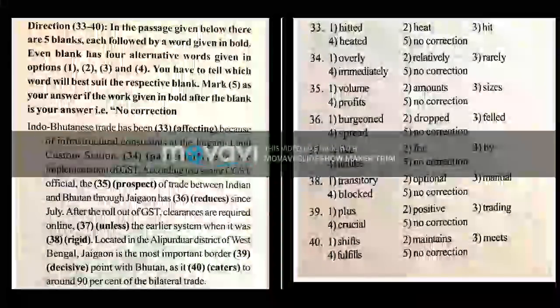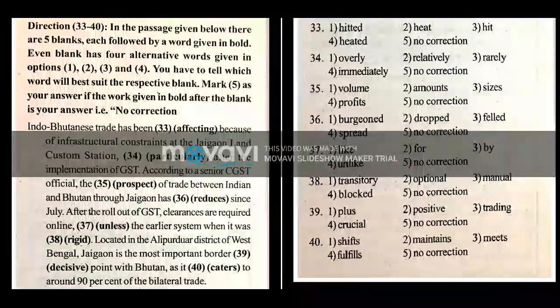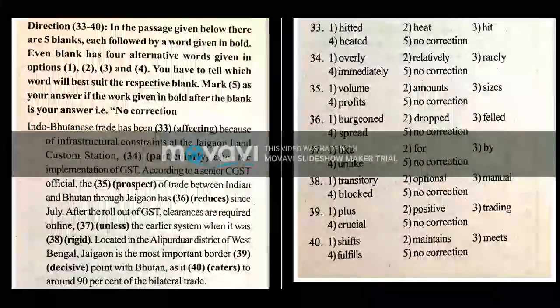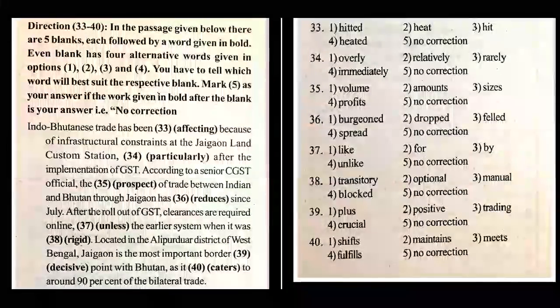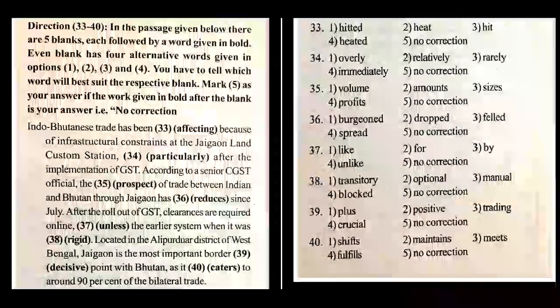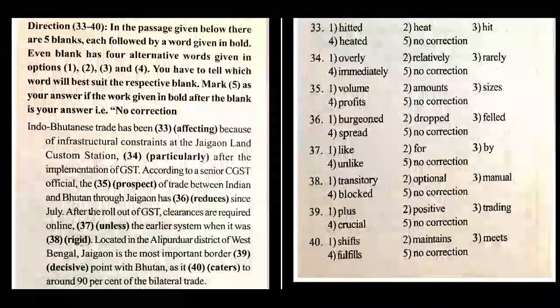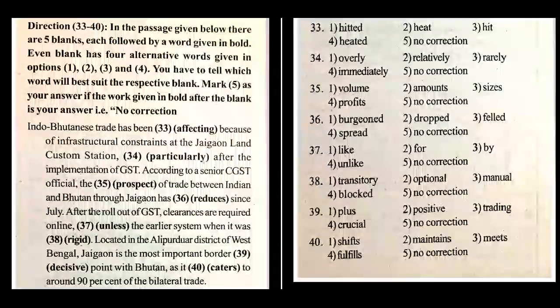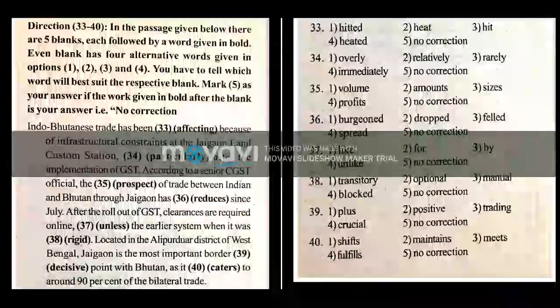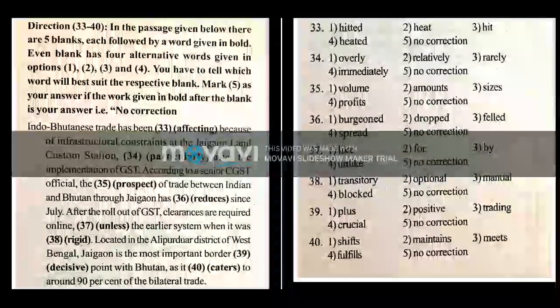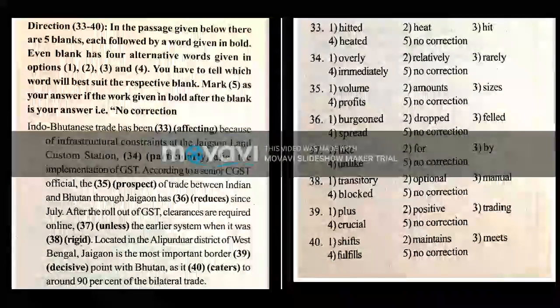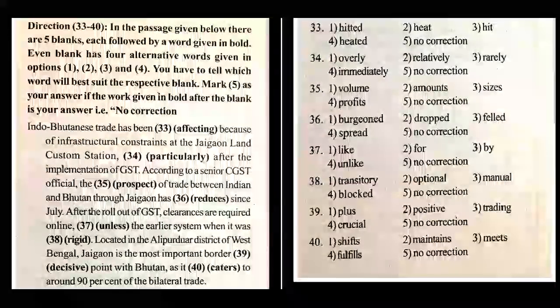Second, maintains. Maintains means जो चीज हमारा पहले से था अब हम उसको वैसे ही रखना चाहते हैं, but this kind of word is not needed here, so we eliminated it. Then you must be surprised that I told you that meets and fulfills can go in the option. But dear friends, please remember that we cannot say it meets to or it fulfills to.